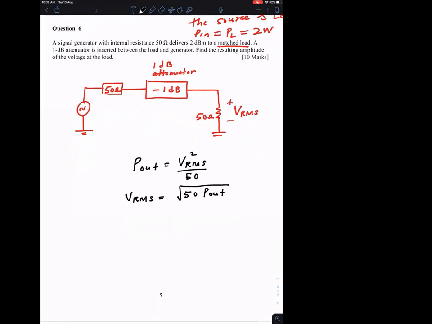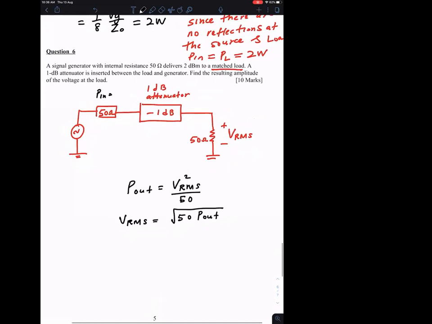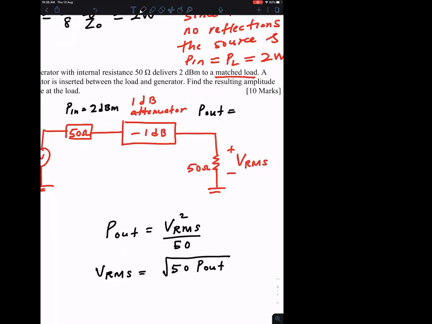P in is 2 dBm. After the attenuation, P out will be how much? 1 dBm.